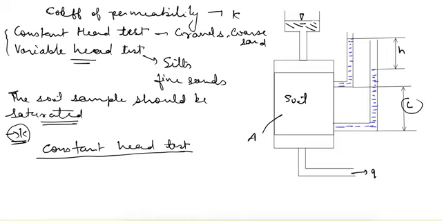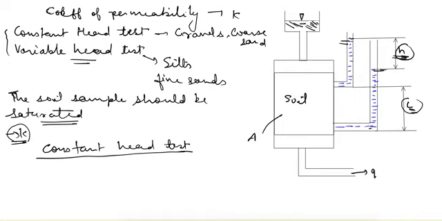The length of sample between these two points is L and the head difference is H. This difference will be constant, because if we keep a constant head on the top, after some time the level of water in this piezometer will attain a particular value, and the level of water in the other piezometer will attain a particular value. So the difference of those values will be constant.